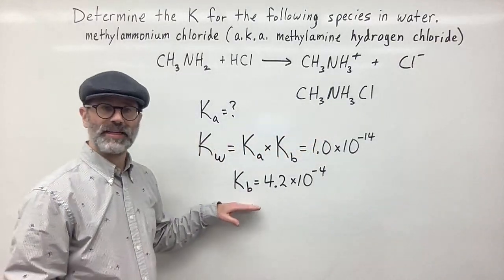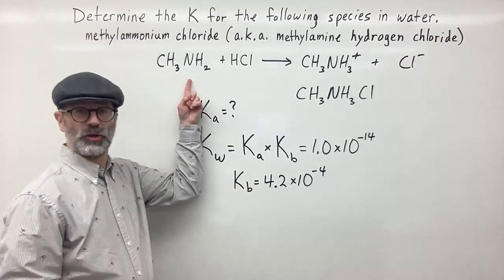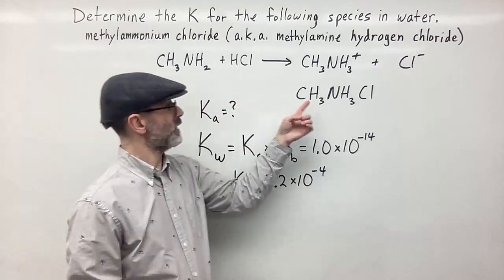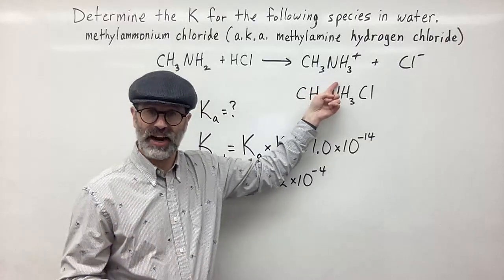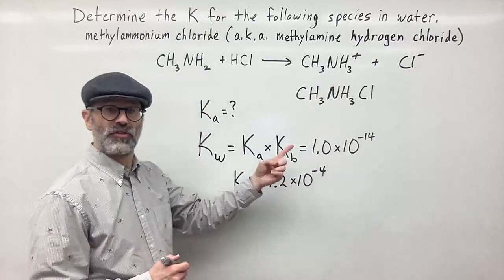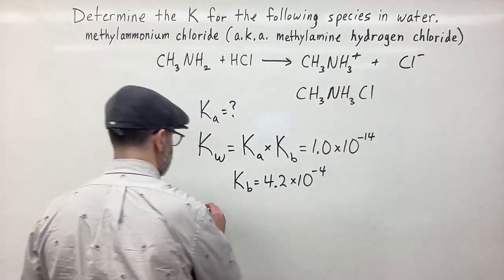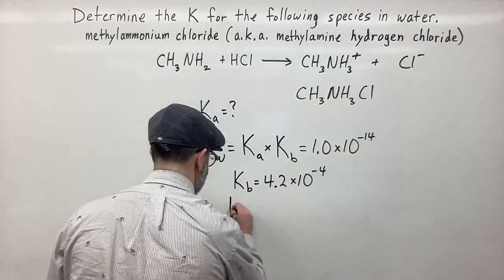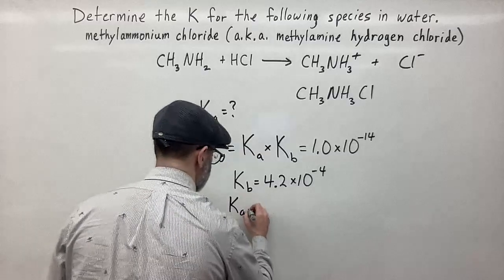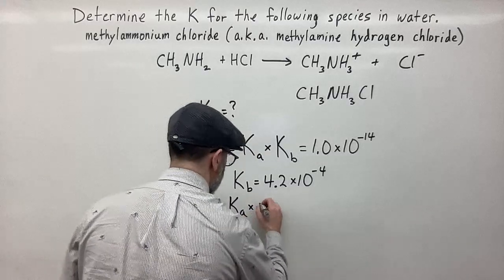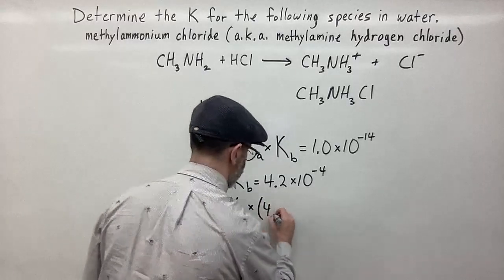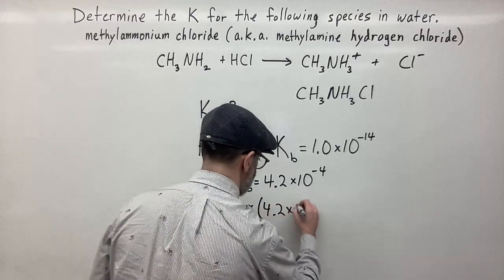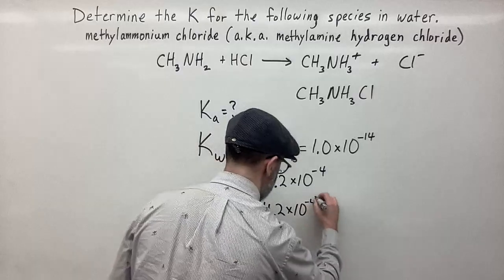Okay, so we have the Kb value for methylamine, but we want the K value for this here, which is the conjugate acid. And so we're going to use this equation. So we plug everything in. So here the Ka value that we're looking for is multiplied by the Kb value, which is 4.2 times 10 to the negative 4.